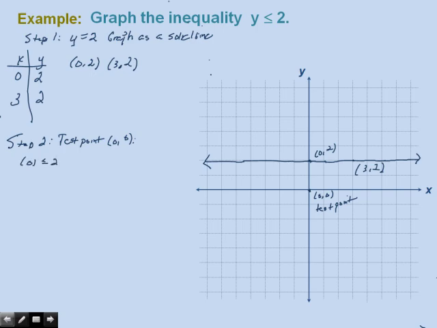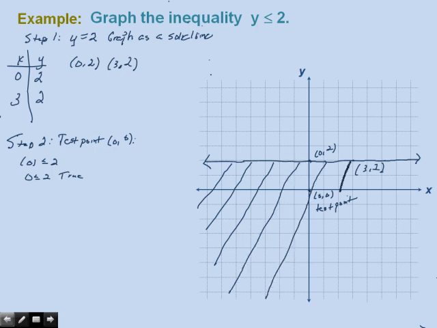That gives us 0 is less than or equal to 2, which is a true statement. That means that we're going to shade on the side of the line where the test point was. So we're shading on this side of the line. So there's the solution for our inequality.